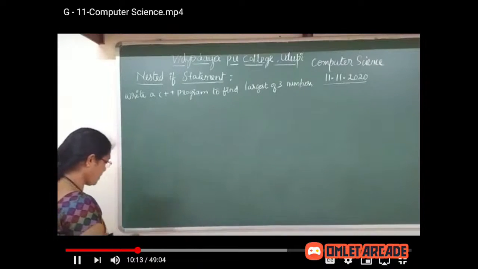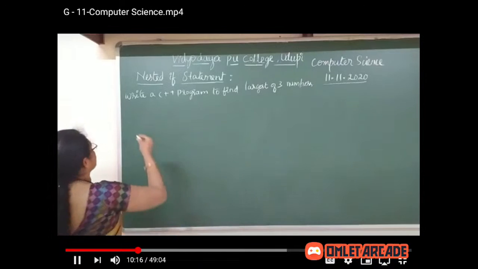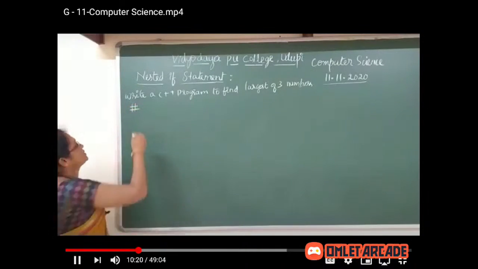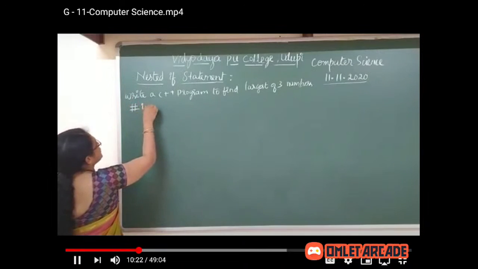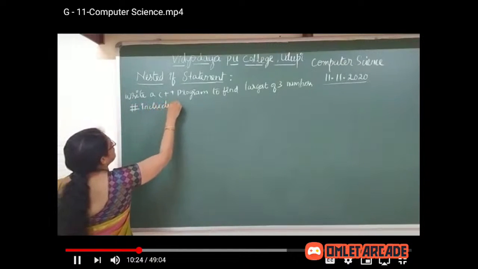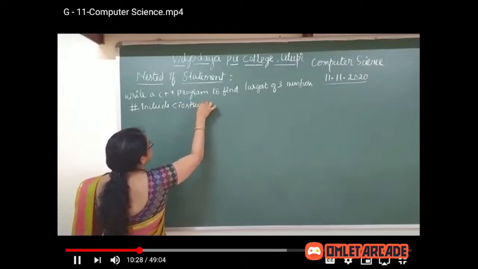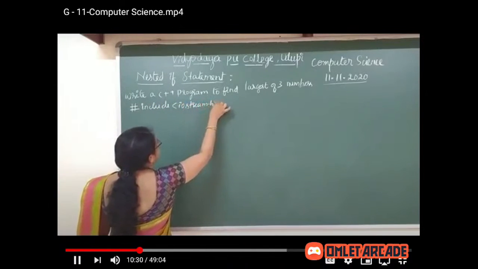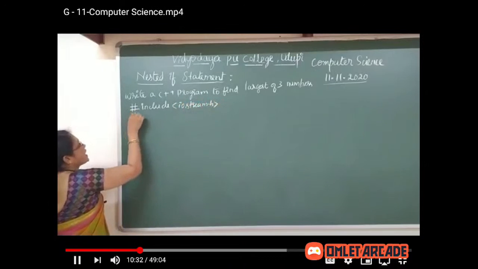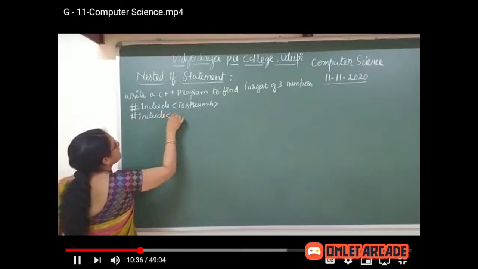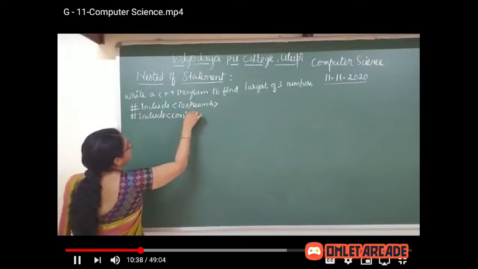Largest of 3 numbers. First you have to write the include conio.h.